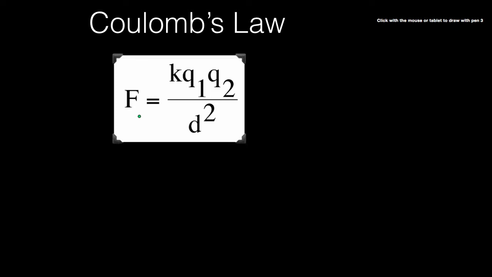But this equation here, so force, and a lot of people call it the electric force because it's between two charged particles. So force sub E is equal to K times Q1 times Q2 divided by the distance between those particles squared. K, I will always give you what K equals, but it's known as Coulomb's constant.